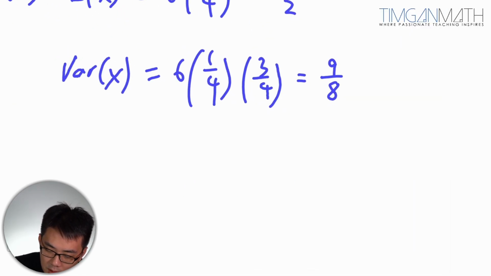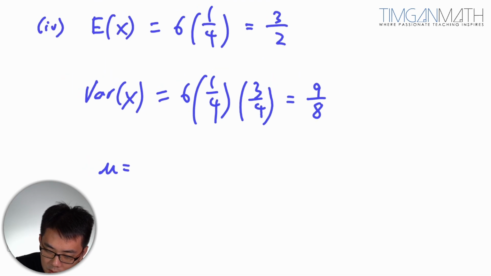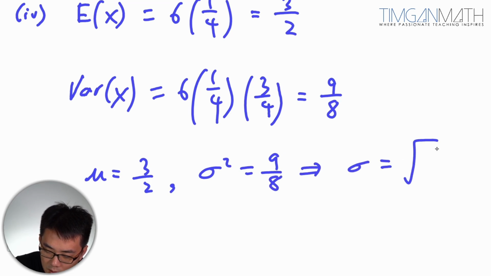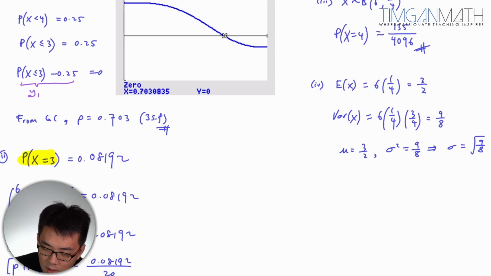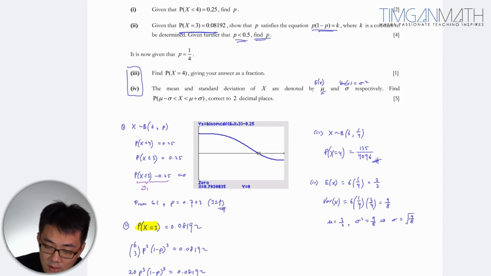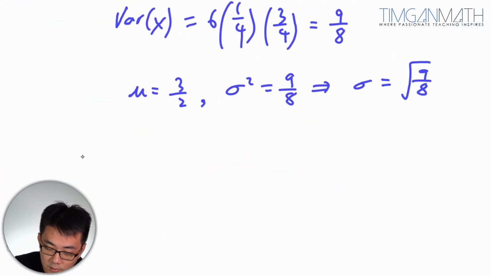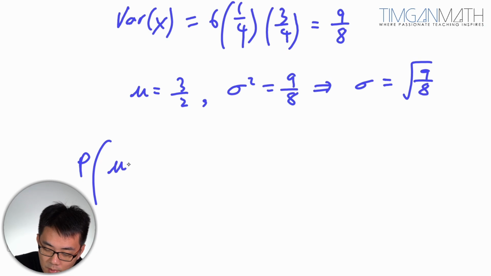Okay, so in other words, mu equals 3/2. Sigma squared equals 9/8. So sigma equals square root of 9/8. Okay, so if you want to find the probability of X within one standard deviation of the mean, that means P(mu minus sigma < X < mu plus sigma).